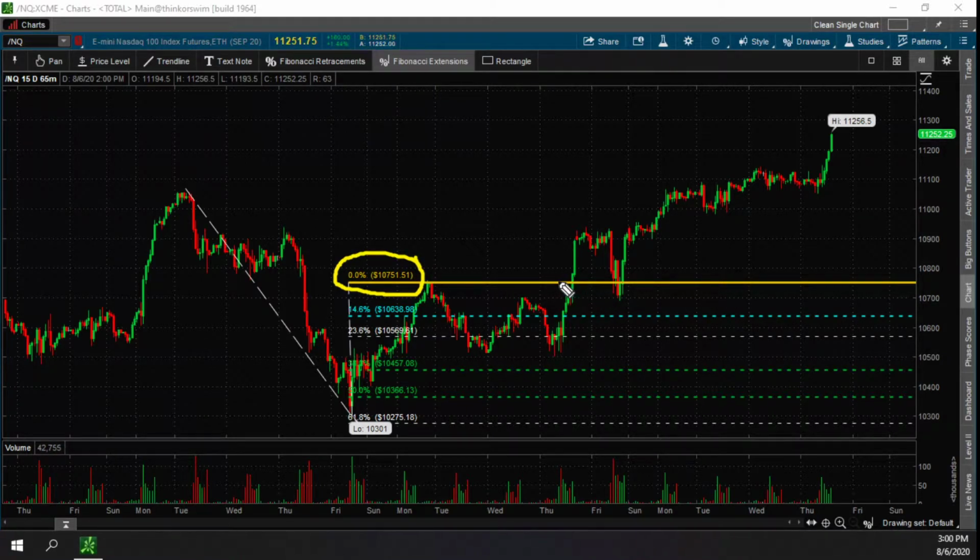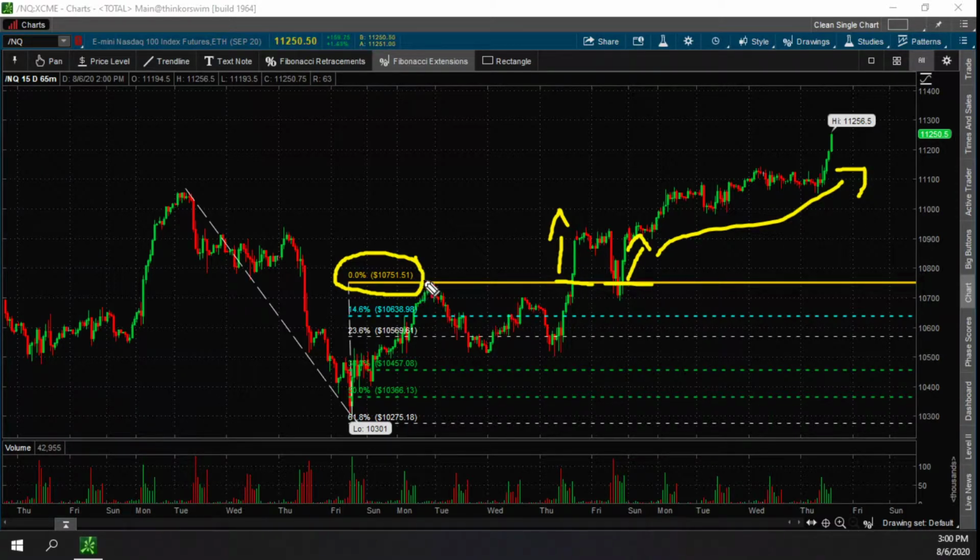It touched it one time, it came back, it moved up, then came back again, tested again, and then it broke again. And now we have this move going to the upside.